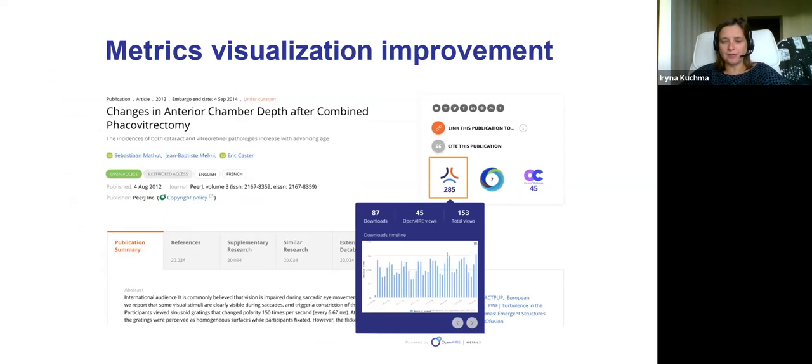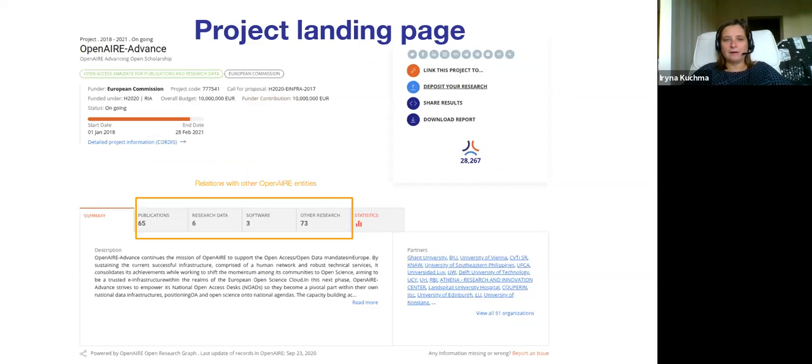We also have information about usage of this article, for example, how many downloads or views were on the OpenAIRE portal. We also have project landing pages. For example, this is our current project page, and you can see short information about the project, and then you can see publications related to this project, research data, software, and other research outputs.